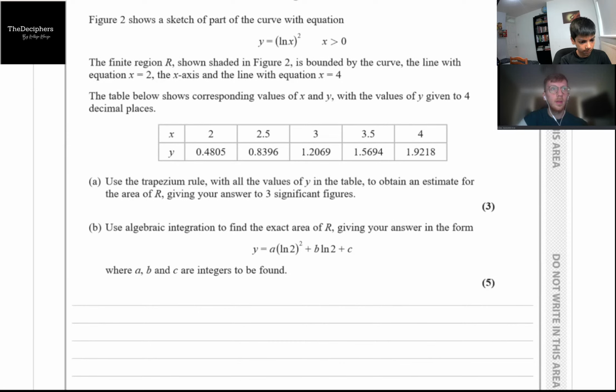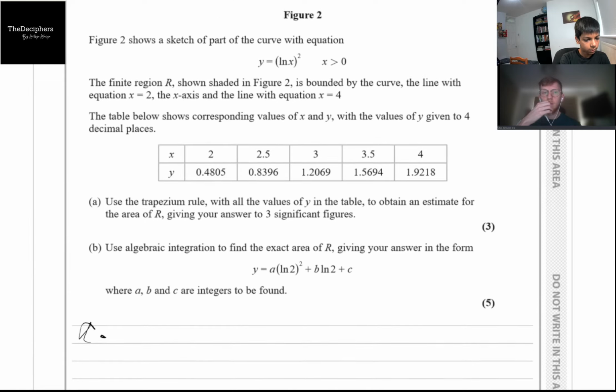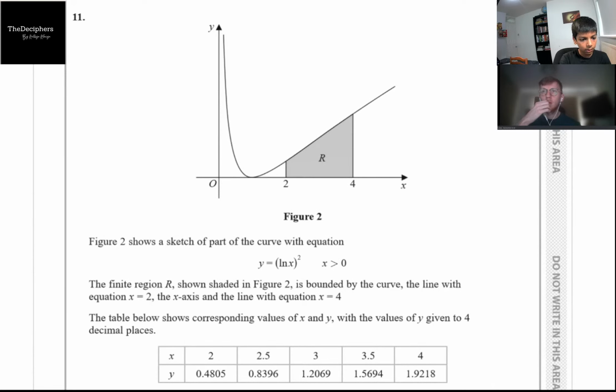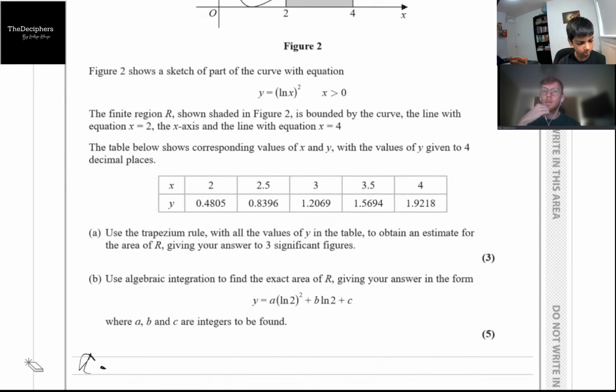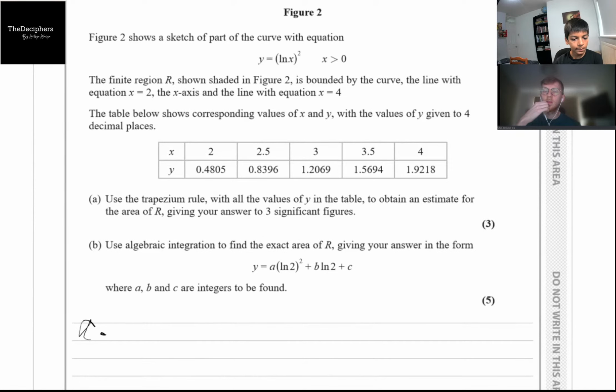Okay, so for part A, for the trapezium rule, just split it into trapeziums. Yeah.